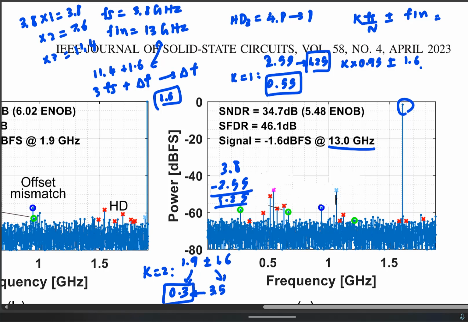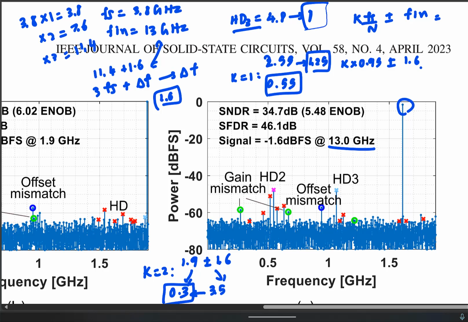So let's again do magic eraser. So let's see. First of all, the third harmonic. Where did it lie? Third harmonic HD3 is lying at 1, so roughly around 1 gigahertz you see. Because the frequency is not exactly 13, it is rounded off, right? Because you have to ensure this m by n times Fs. It might be 13.01, I do not know, something.